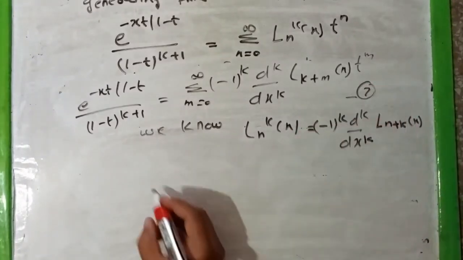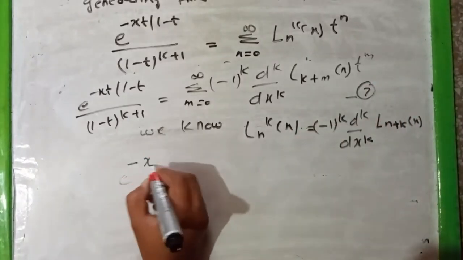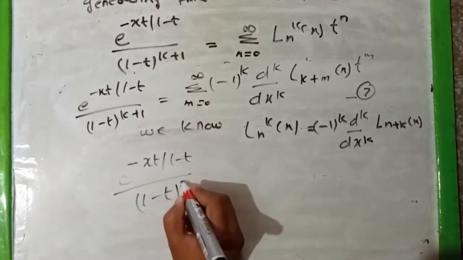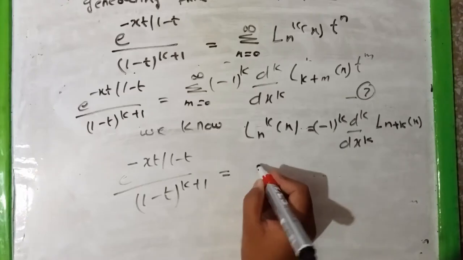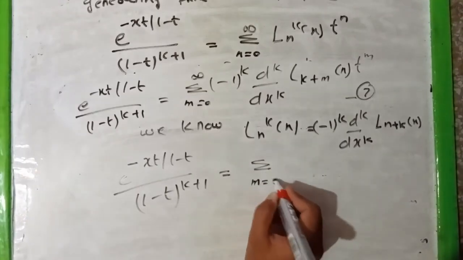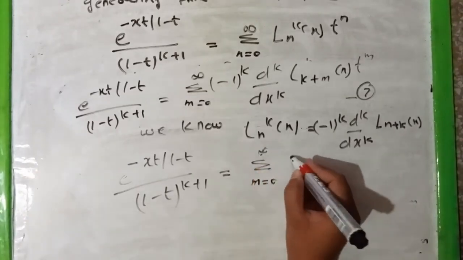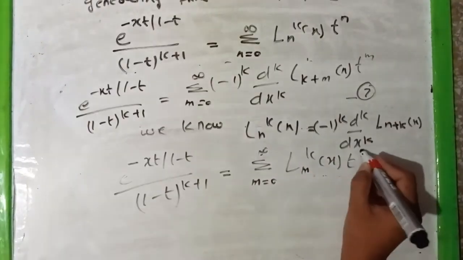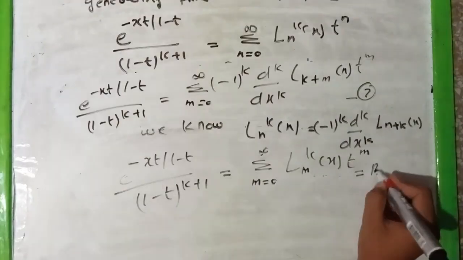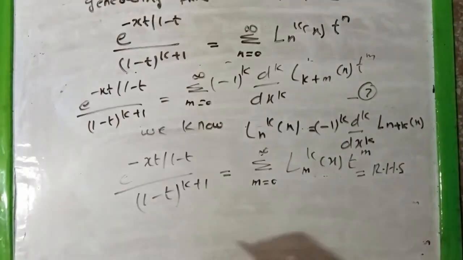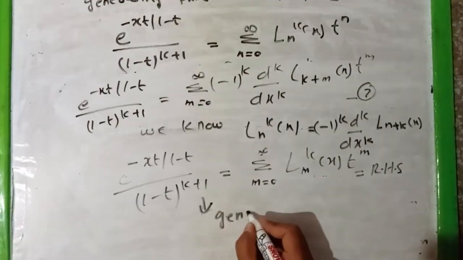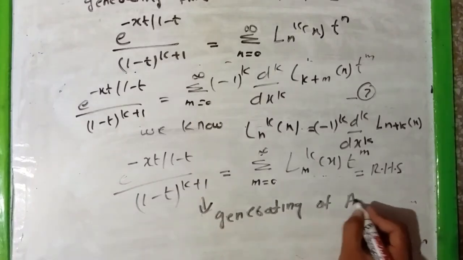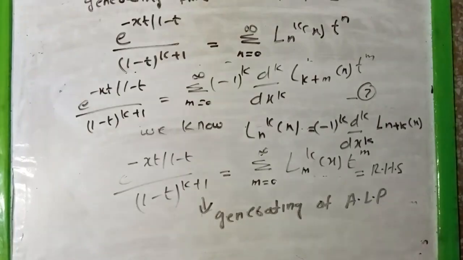So equation 7 becomes e^(-xt/(1-t)) / (1-t)^(k+1) is equal to summation m = 0 to infinity L_m^k(x) t^m, which is equal to the right hand side. This is the generating function of associated Laguerre polynomial.